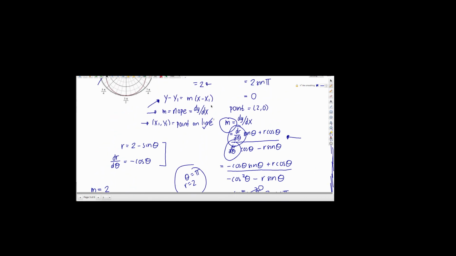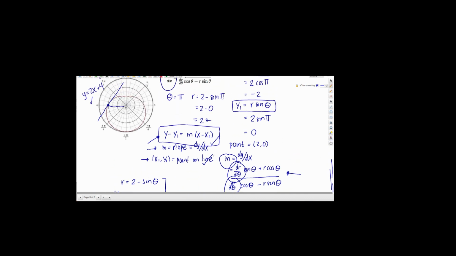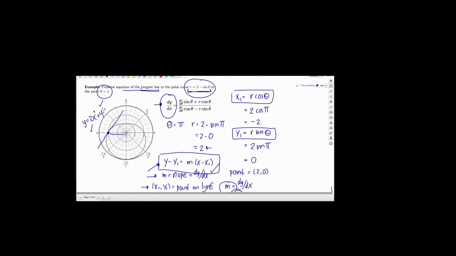Finally, we plug in theta equals pi, r equals 2. That gives us our slope. Once we have our slope, we can just use the point slope equation of the line to get our equation. And then again, it's always a good idea once you have your equation, to go back up to your graph and make sure that your values make sense in terms of the slope and the y-intercept.